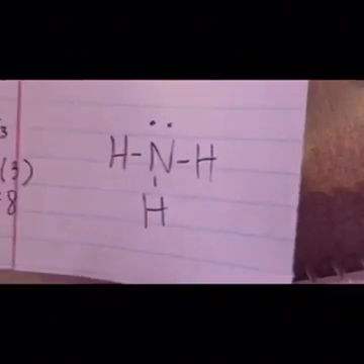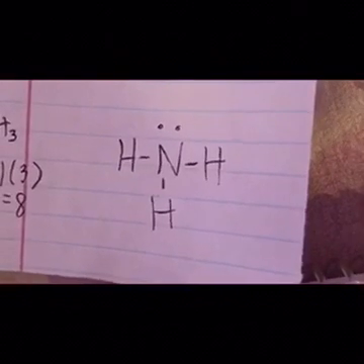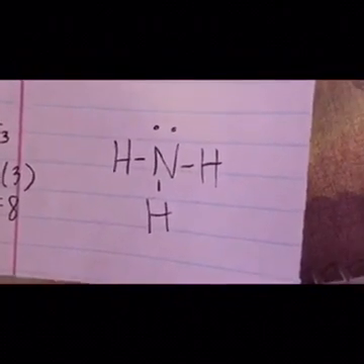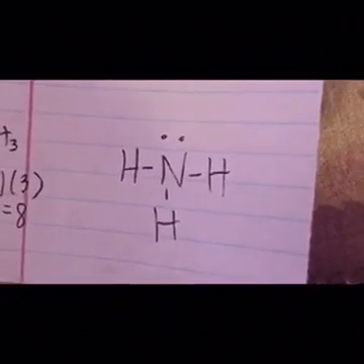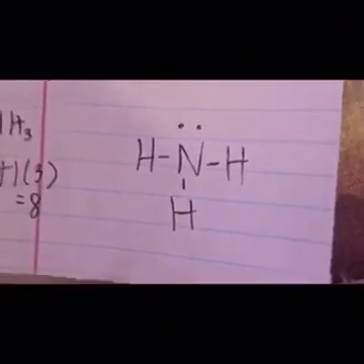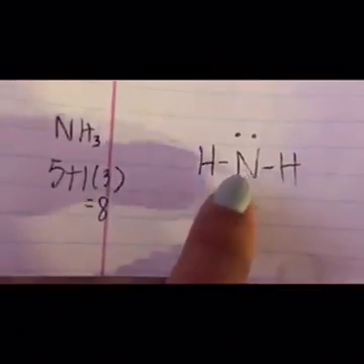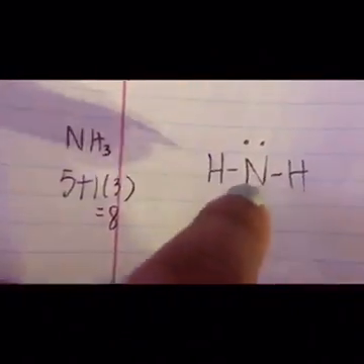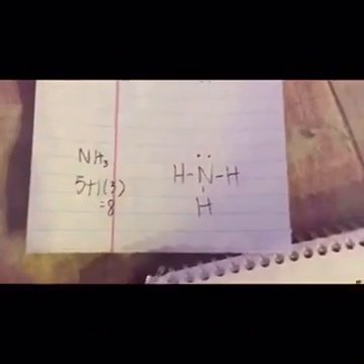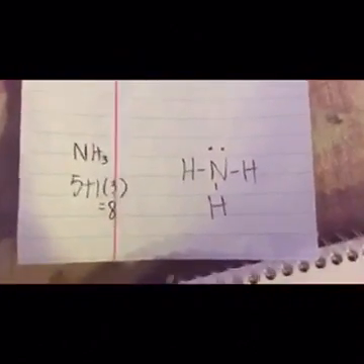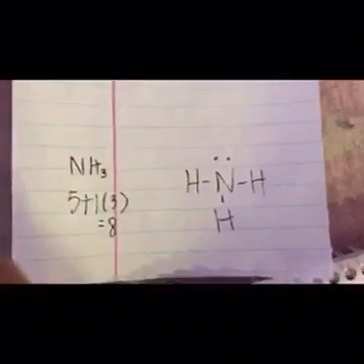Now the structure of the ammonia only has 3 pairs of single bonds and 2 on the outer rim of nitrogen. So as you can see, this is the final structure for ammonia.